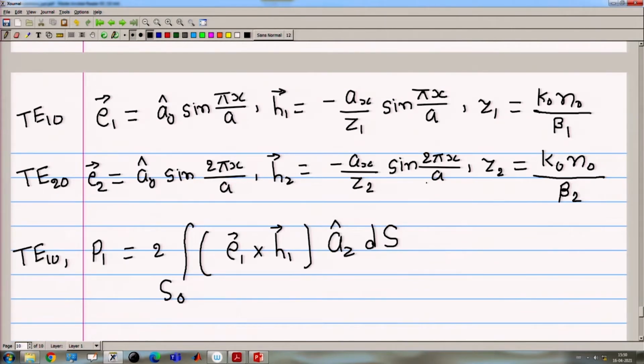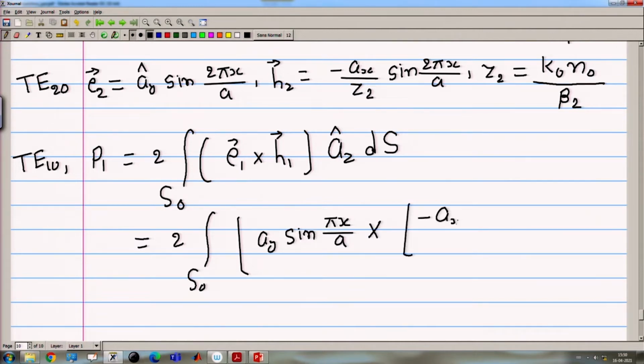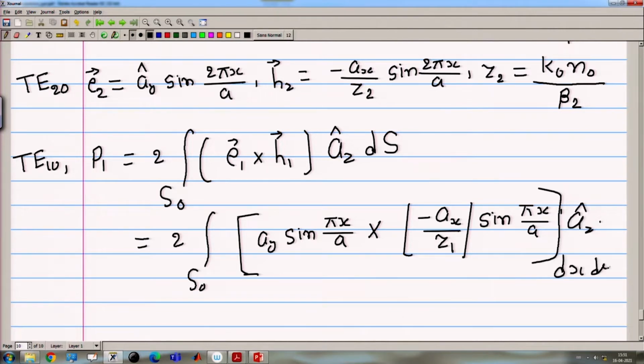So we can calculate that as 2 times the integral of a_y sine of pi x upon a, cross minus a_x upon Z1 sine of pi x upon a, dot a_z, dx dy.